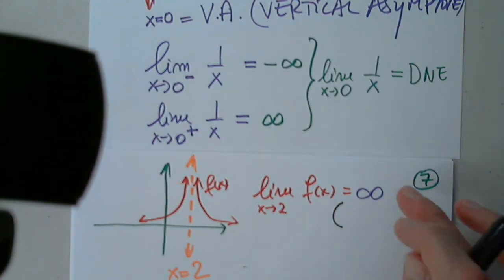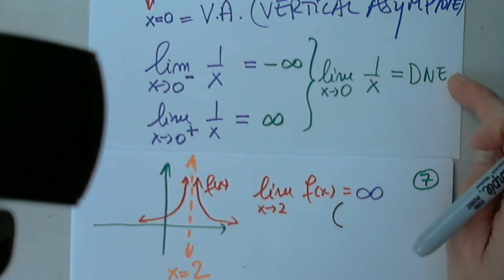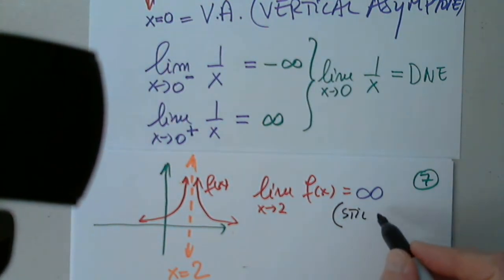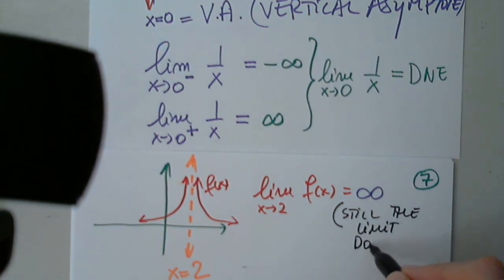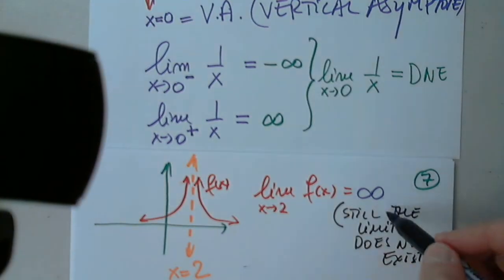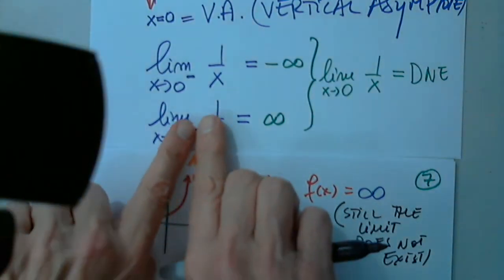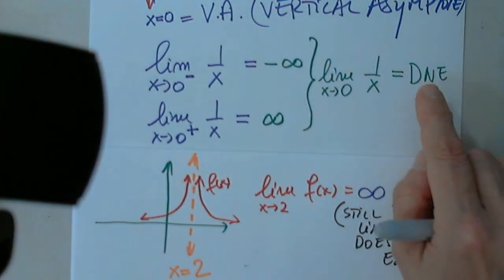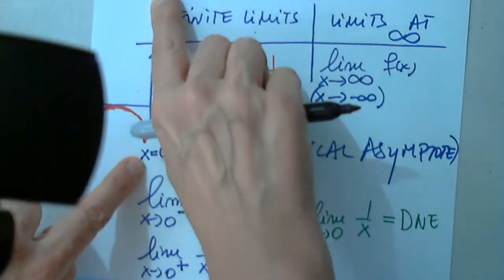But this is not a situation in which we can write DNE, because both sides go in the same direction, though it's still DNE.